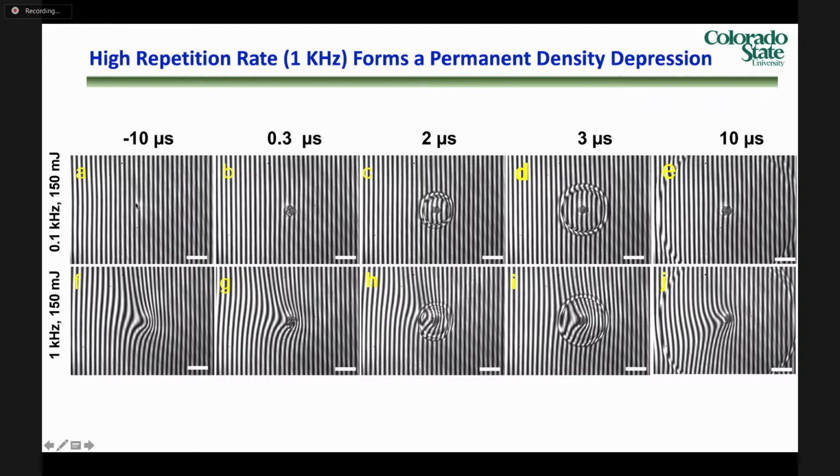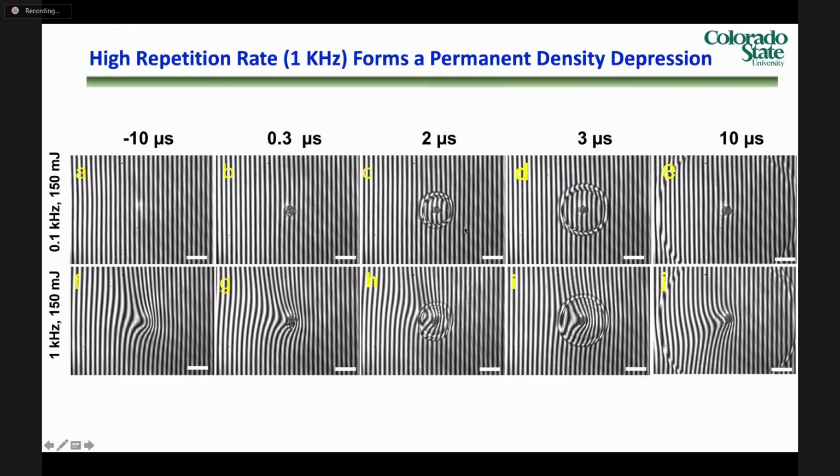However, if the repetition rate increases to a kilohertz, then a laser pulse that is going to create a filament sees the perturbation caused by the previous pulses. So this is 10 microseconds before the arrival of a pulse on the pulse train, but now they are separated by milliseconds. So the air does not completely recover and creates a permanent density depression.